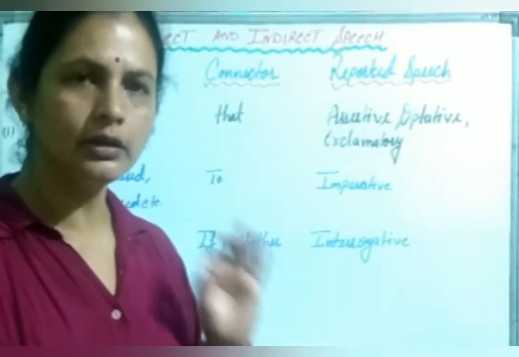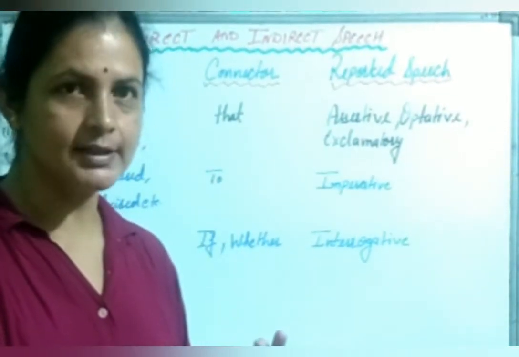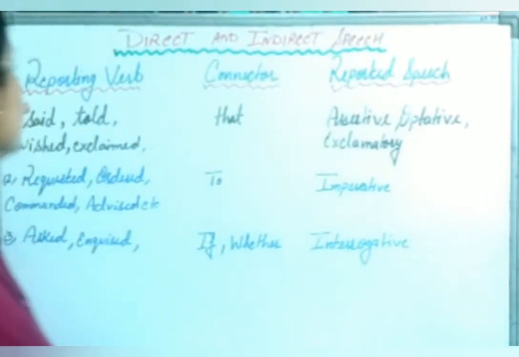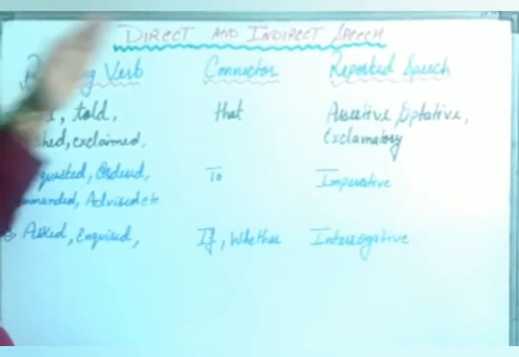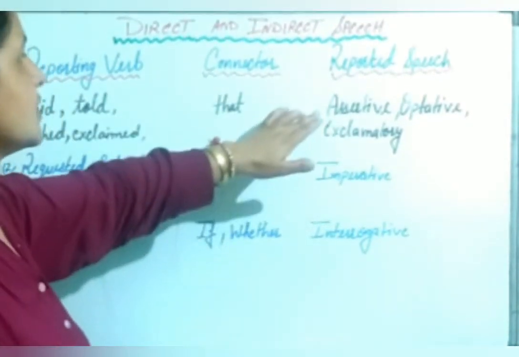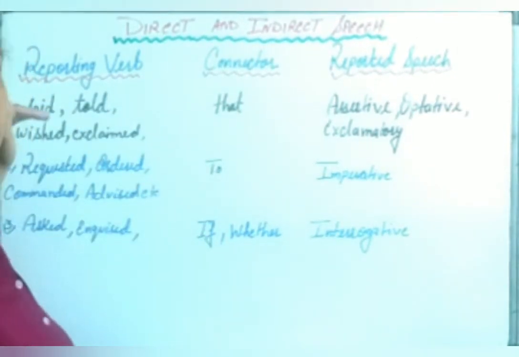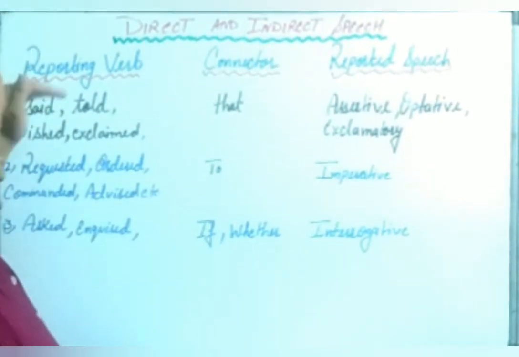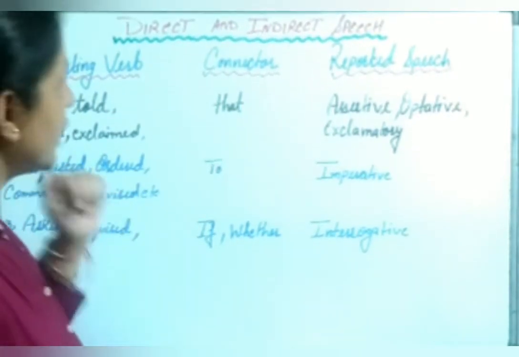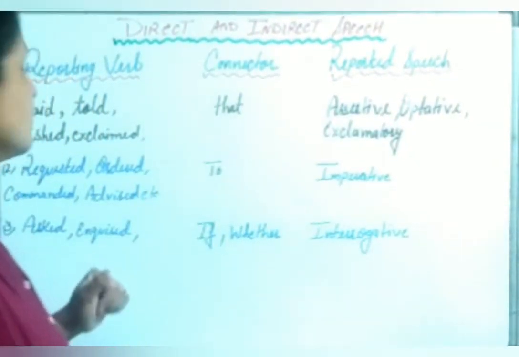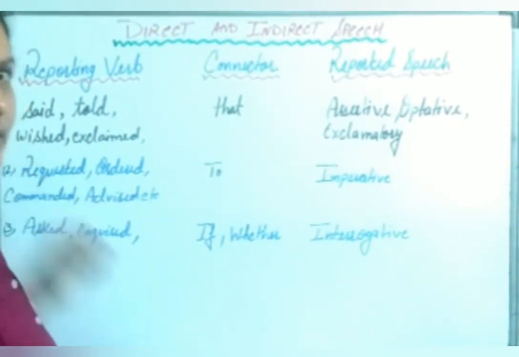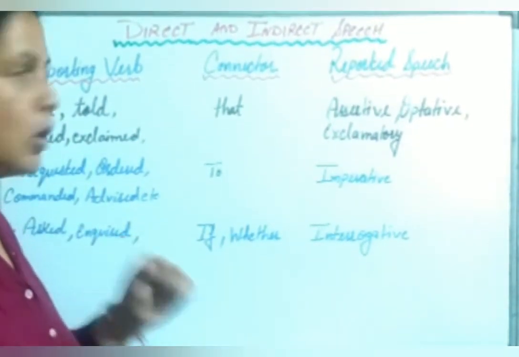According to the type of sentence in reported speech, we use a reporting verb and connector like this. If the sentence is assertive, we use said and told as reporting verbs. If the sentence is optative, we use wished as the reporting verb.